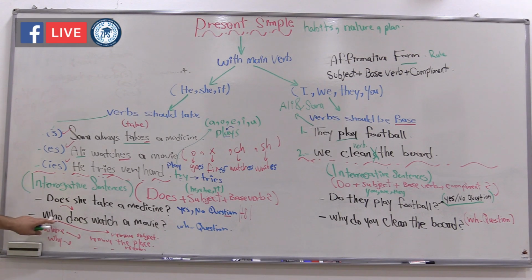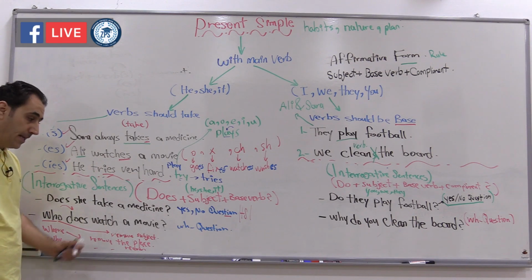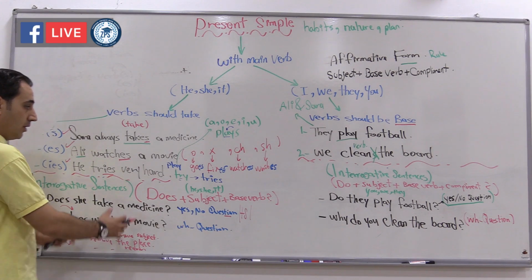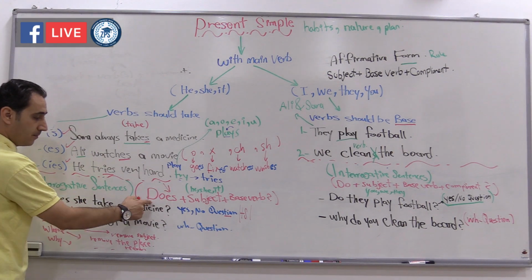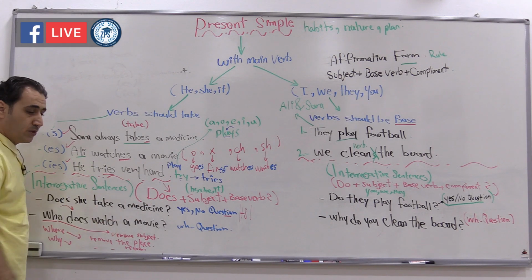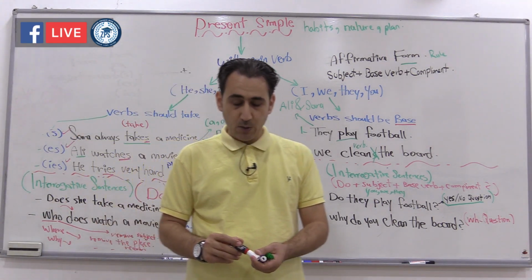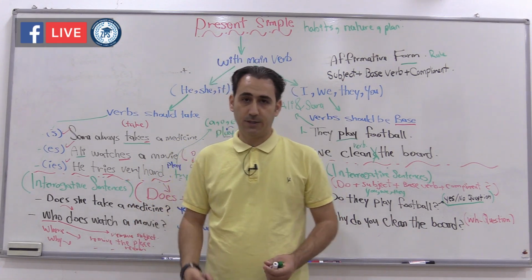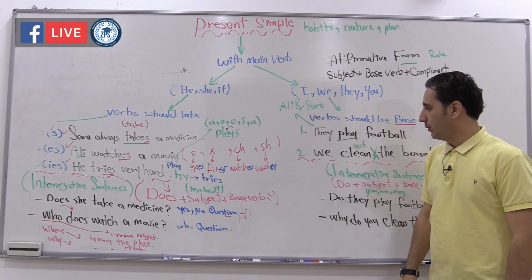So look, why, who does watch a movie? This is called a WH question. So this form, we can use with a singular subject. What about a plural subject? Like we, they, and you.